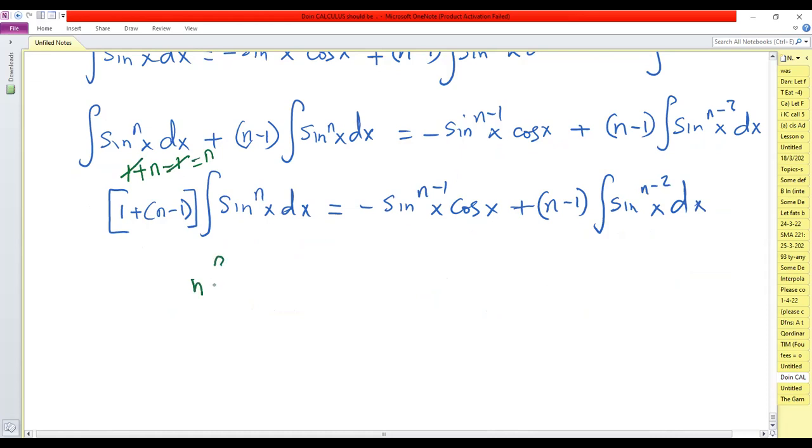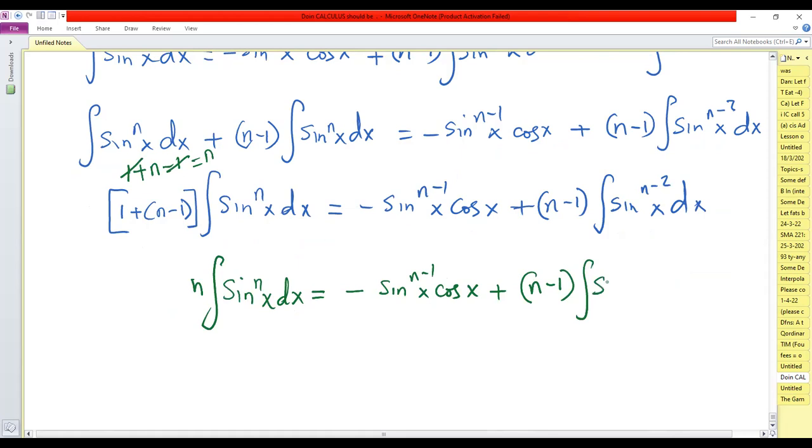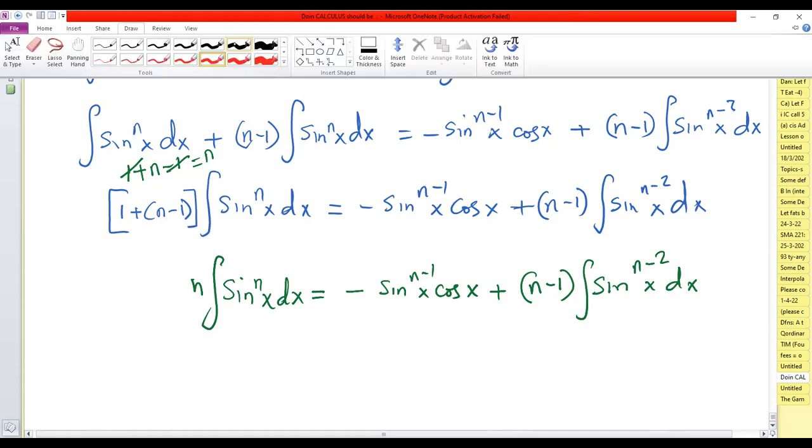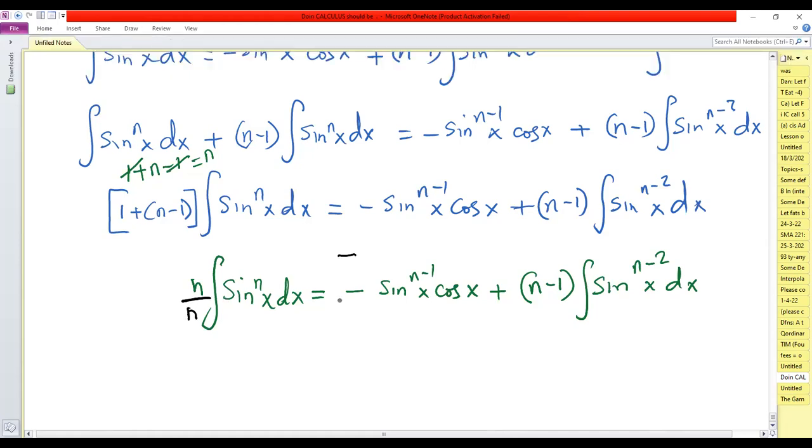So we'll have n integral of sine power n x dx equals negative sine power n minus 1 x cosine of x plus n minus 1 integral of sine power n minus 2 x dx. So to get this integral, we simply divide through by n. So dividing here by n, it's like multiplying both sides by n.